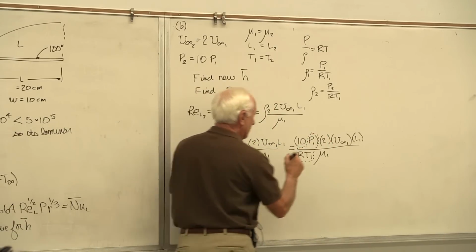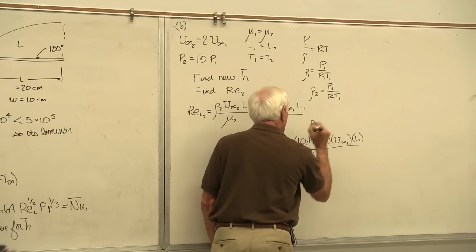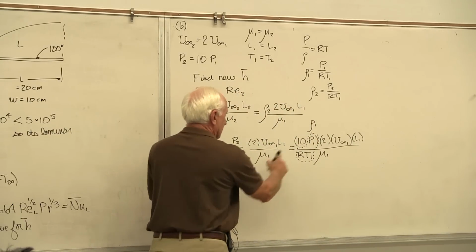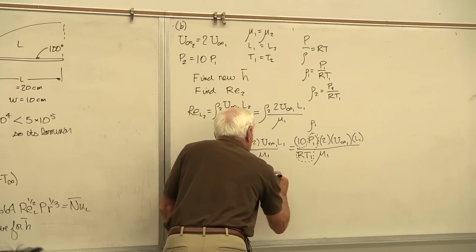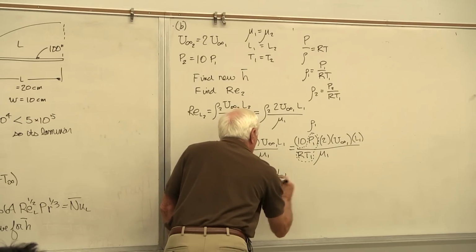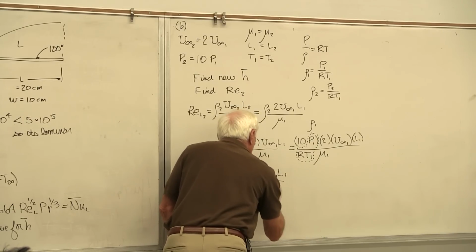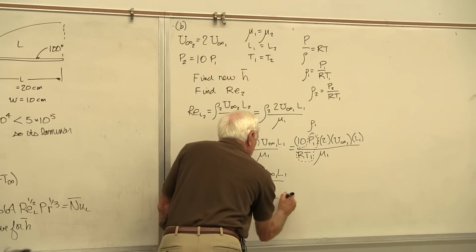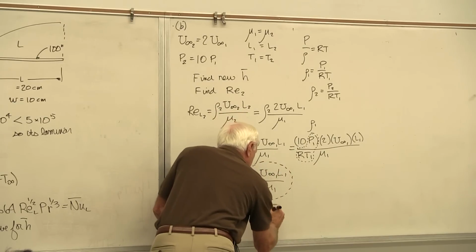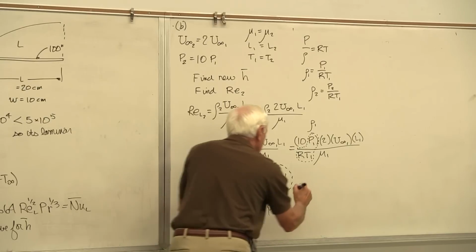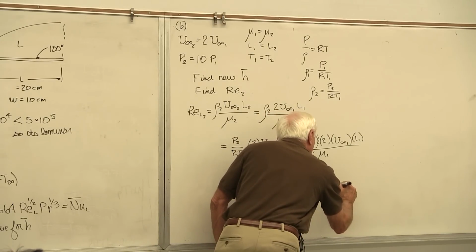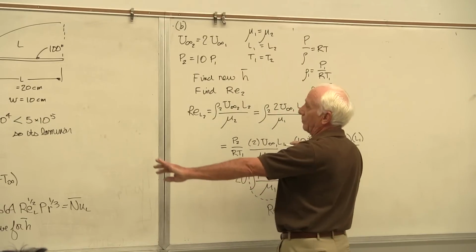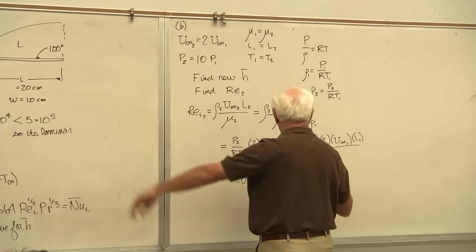P over RT1 is rho 1. Okay, 10 times 2, 20, times rho 1, u infinity 1, L1 divided by mu 1. That's the Reynolds number 1. That's equal to 20 times the Reynolds number for 1. Reynolds number in part A was 4 times 10 to the 4th.